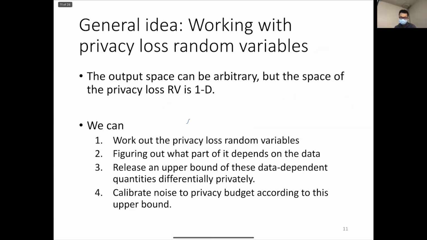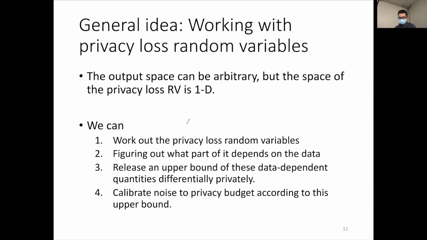So the general idea of how this could work is for us to work with the privacy loss random variable directly. Recall that the output space can be arbitrary for a DP mechanism, but the space of the privacy loss random variable is always univariate and supported on the real line, right? So for each mechanism of interest, we can work out the privacy loss random variable and then try to construct an upper bound of it for all neighboring data sets.